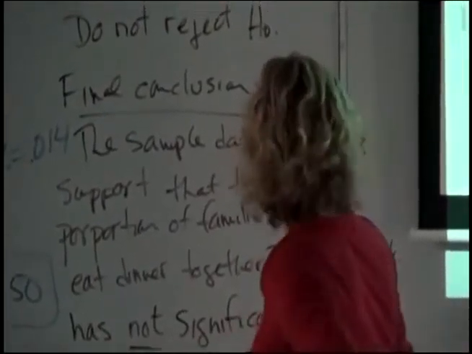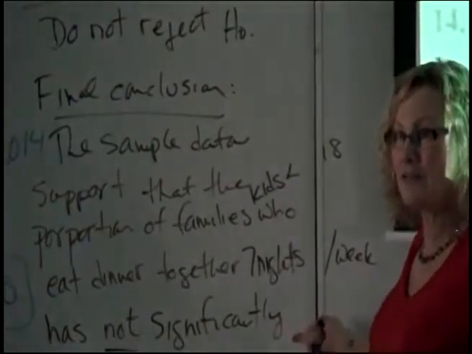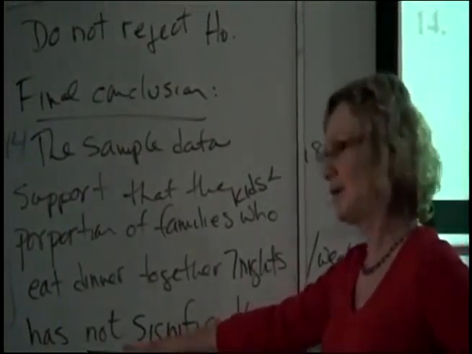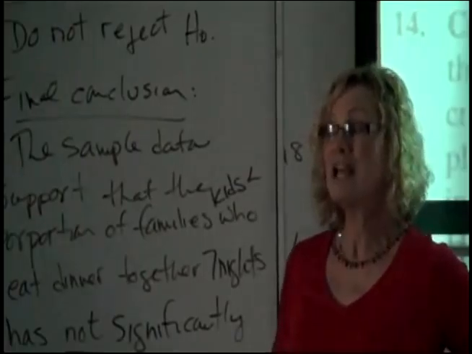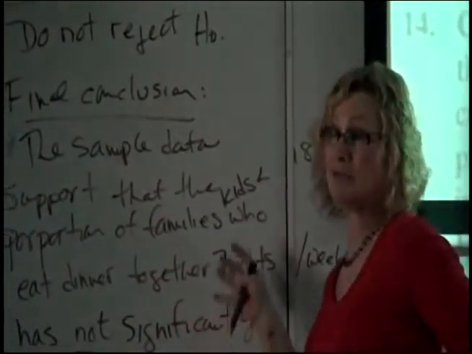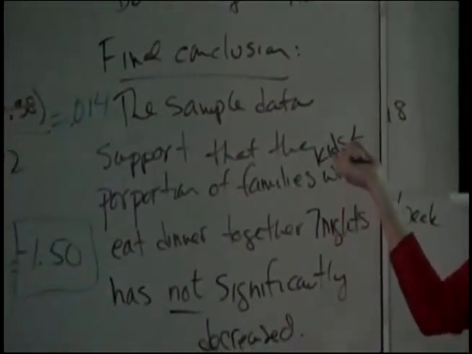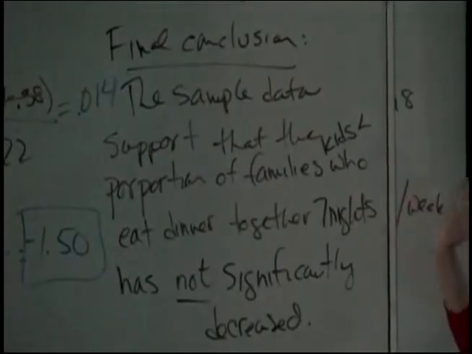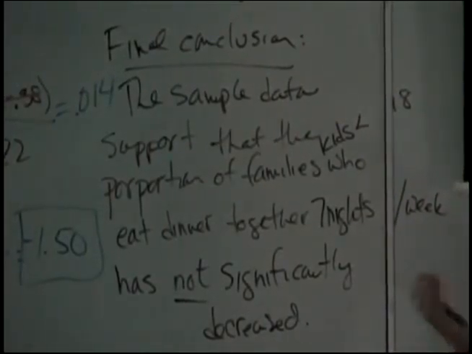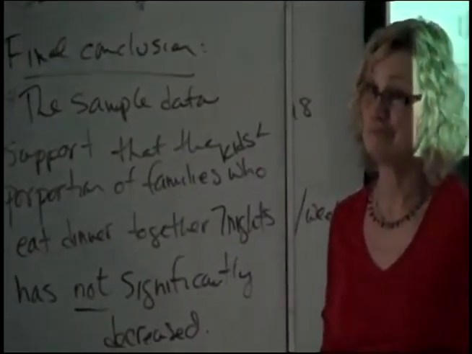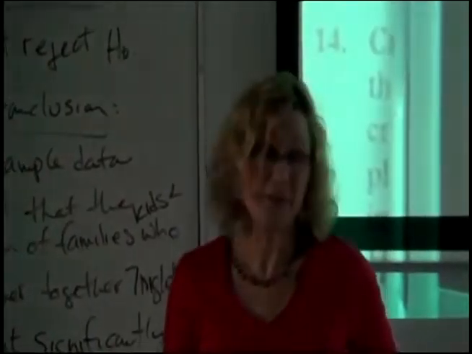But I'm surely not going to put my life savings on that this proportion has not significantly decreased, because it's just too close to call. If this is something really meaningful, like a medical result, chances are they go out, get more data, come back, and see if they can get a stronger result. If not, it's just really not saying anything. Yeah. That's good. Okay.